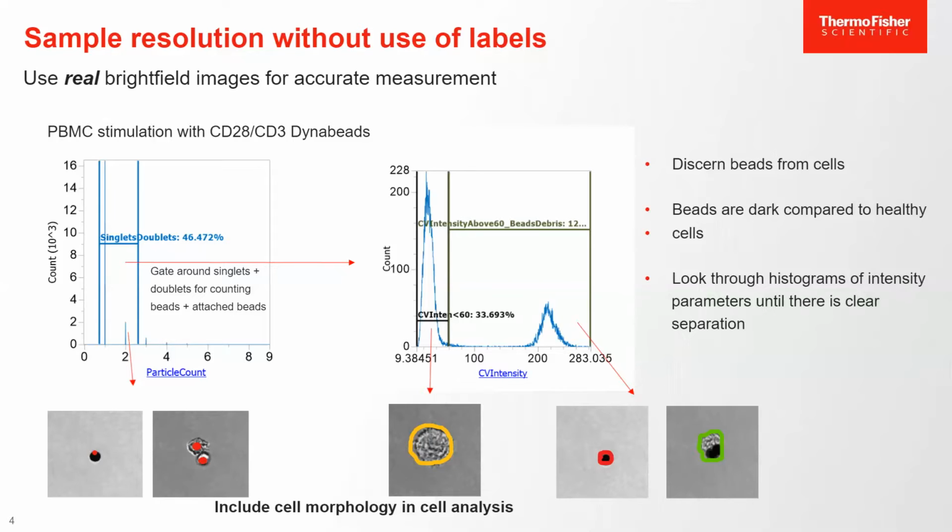In this example, gating around single particles or doublets is made easy. We provided a method to consider morphology of every cell as an additional set of data that can be integrated with traditional flow data. This enables improved population resolution without the use of labels. Over to you, Jasmine.